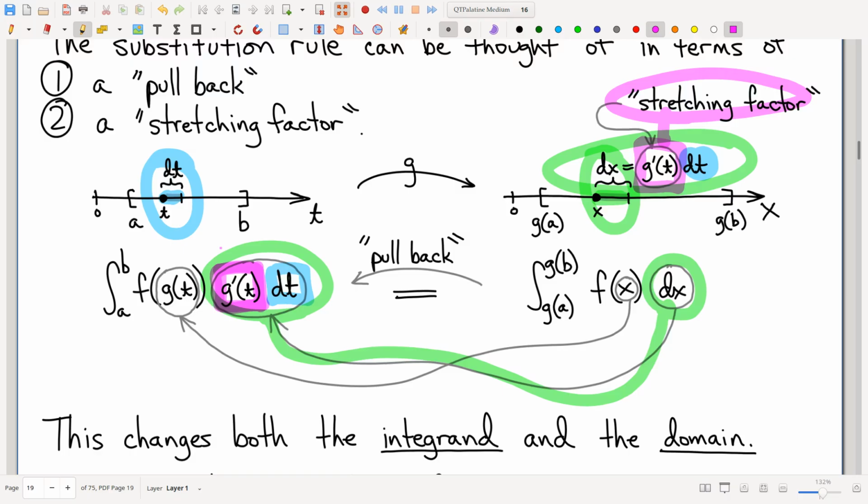So let's just say substitution. This is literally and exactly a substitution, and it's both. Part of what you're doing with a substitution should be thought of as a pullback, and part of that pullback is this aspect of the stretching factor. Is that cool? Okay.